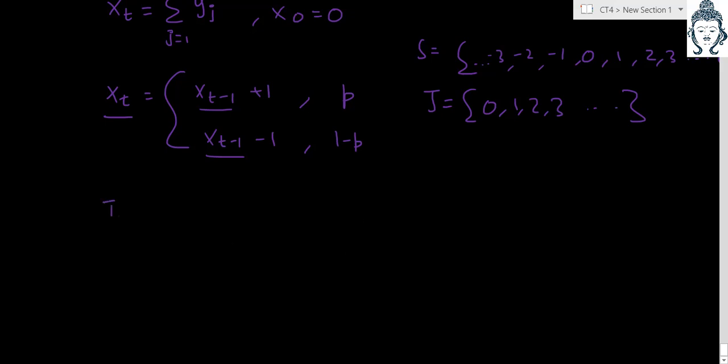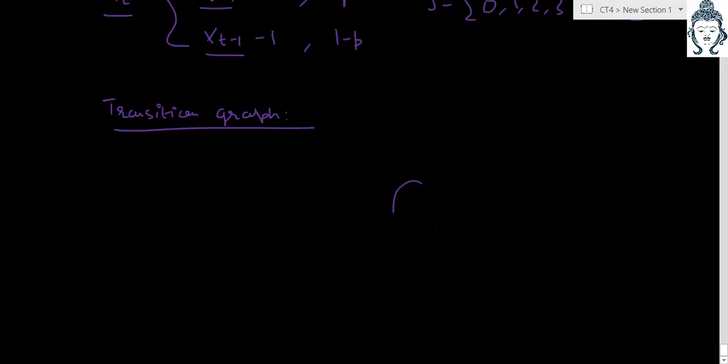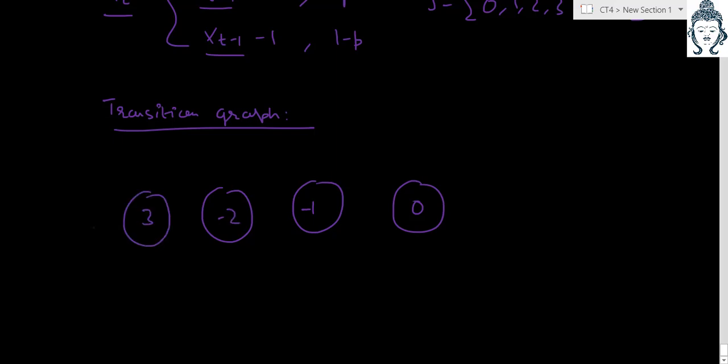Now let's look at the transition graph of this process. So what will the transition graph of a simple random walk look like? You start from 0 as your state, and on this side you can have -1, -2, -3, so on and so forth. These states will keep on going.